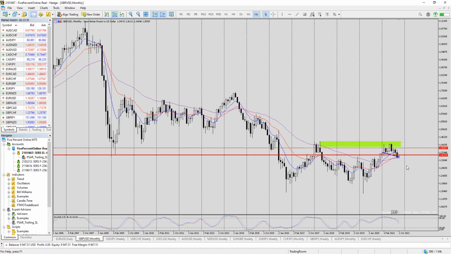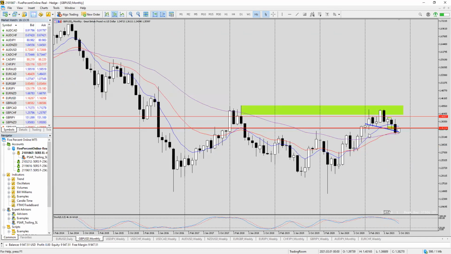So overall, the sentiment is bearish. The only thing that could support the pound dollar, as you can see here, is that it's sitting on top of these two moving averages and on top of previous highs. Okay, so that's the only thing that can make the pound dollar eventually turn around and continue higher.